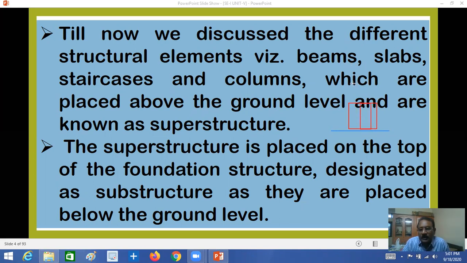Ultimately, the load from the superstructure will transfer to the substructure, that is, below the ground level.